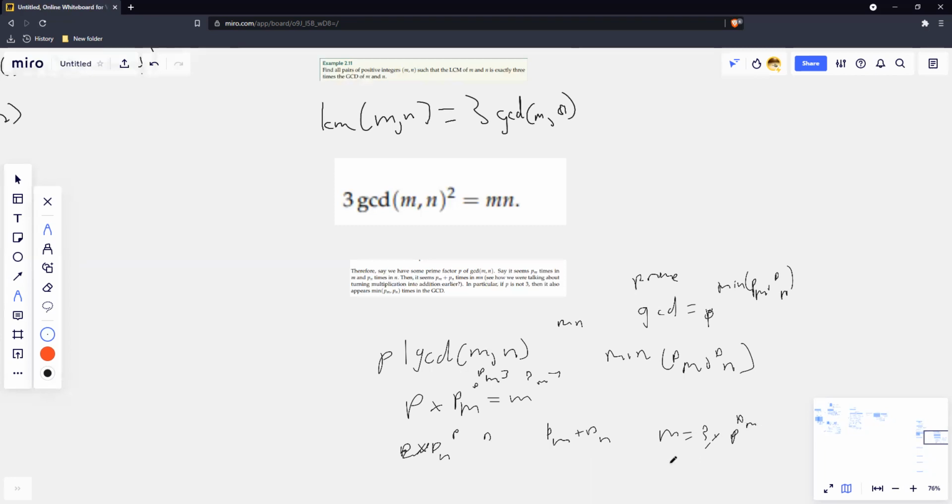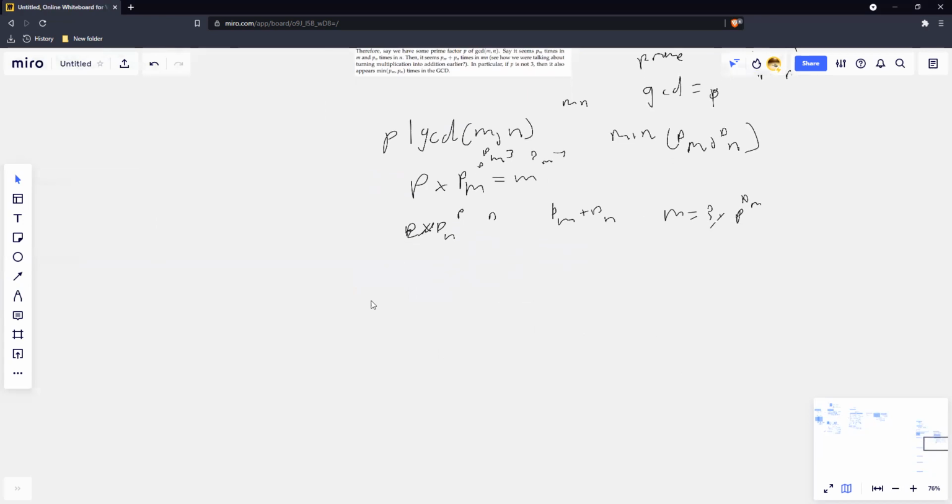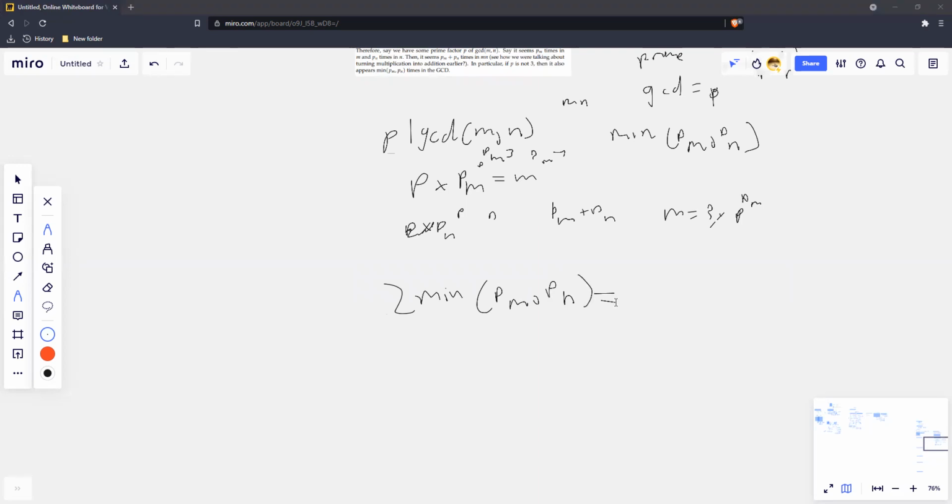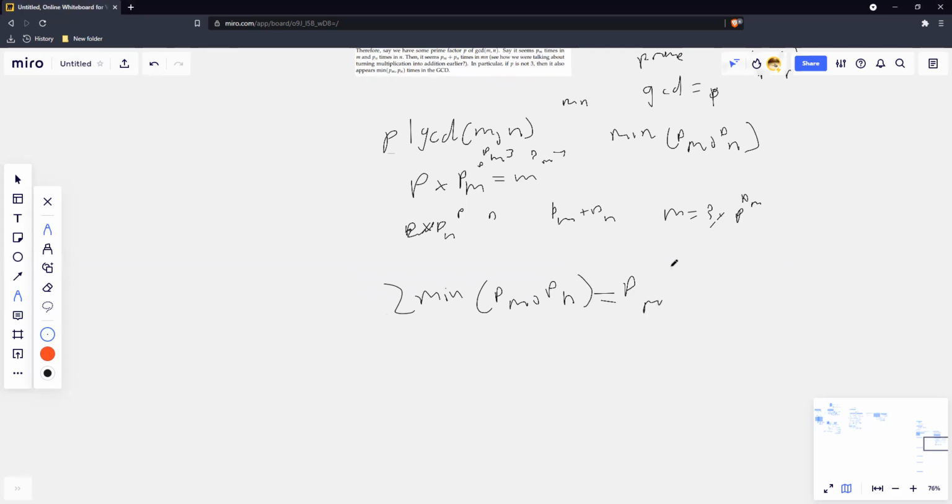Let's see what we're supposed to do next. Thus, we have min(a, b) is equal to a plus b.